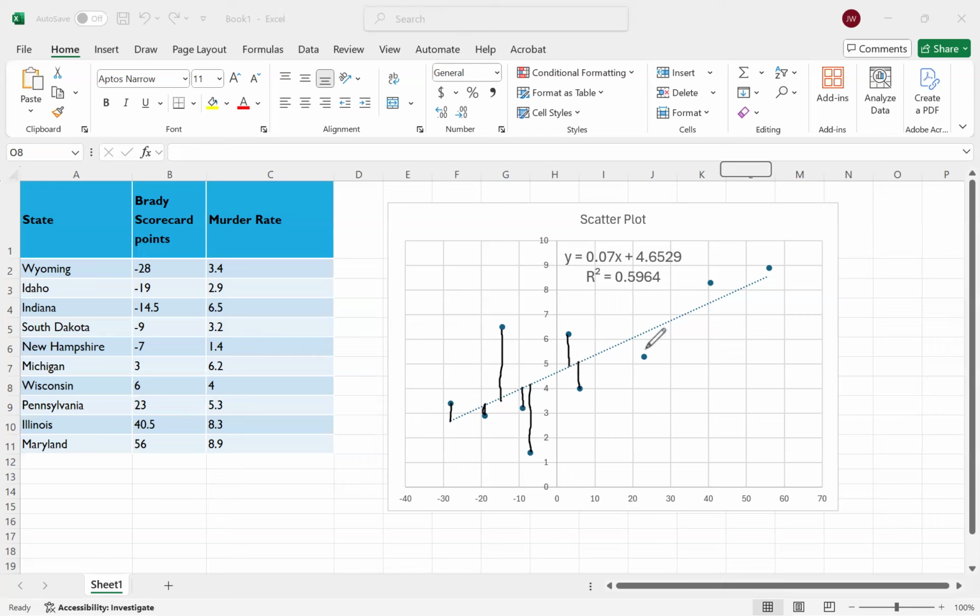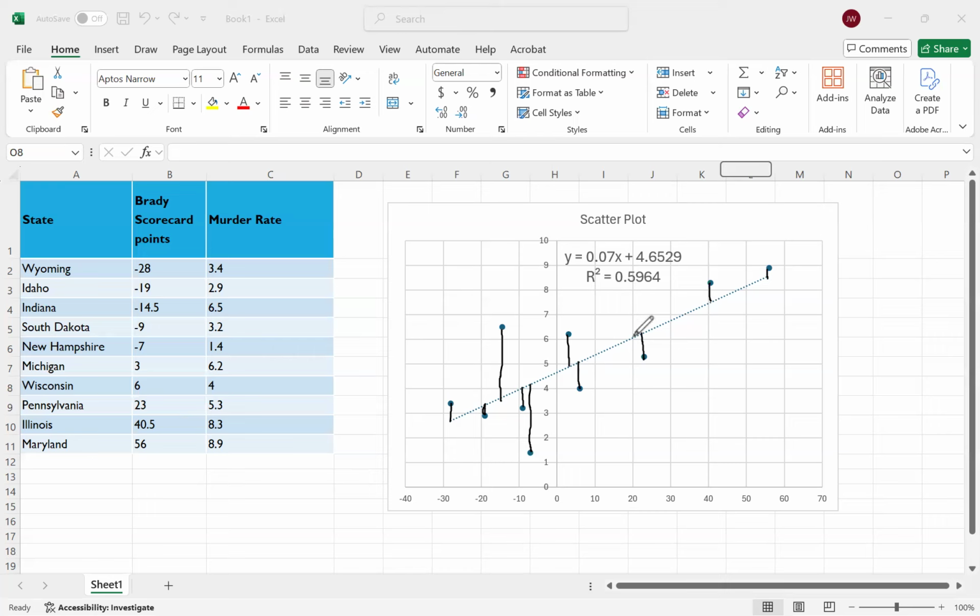And it's the smallest, the least squares regression line minimizes the squares of all of these errors. So that's what we mean by least squares regression lines. We're minimizing the least of the squares of all these errors.